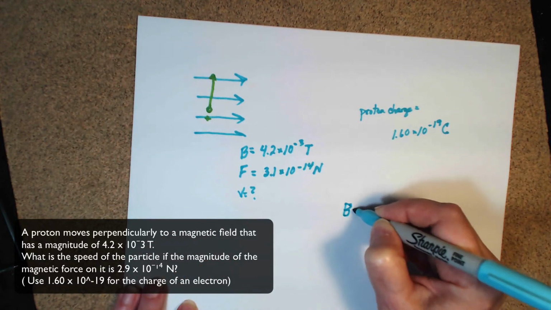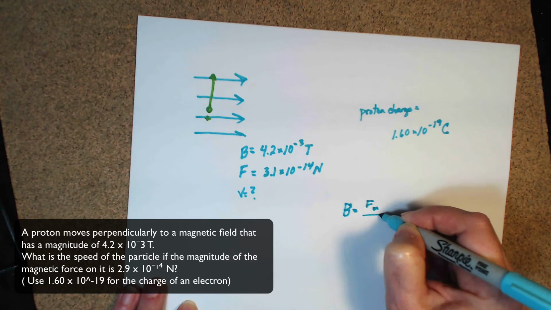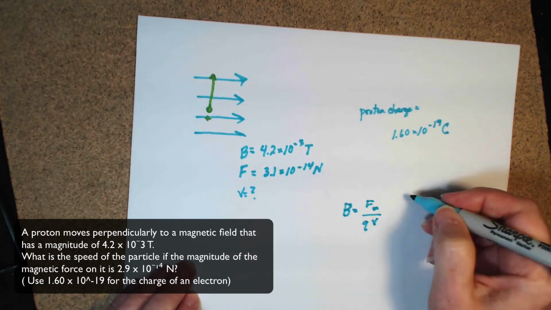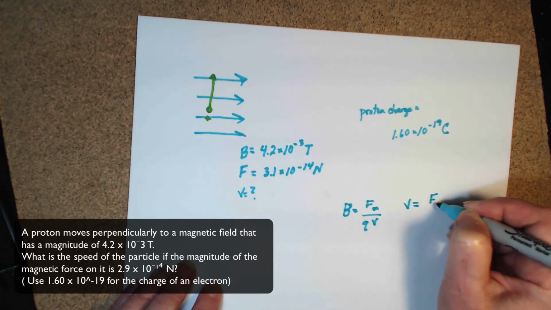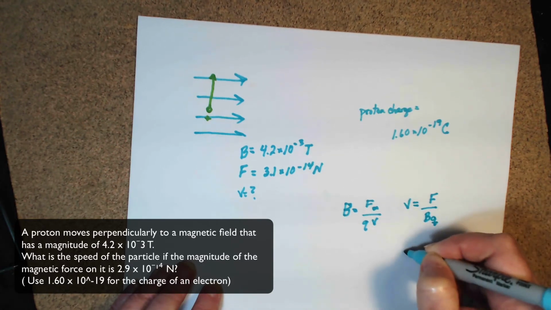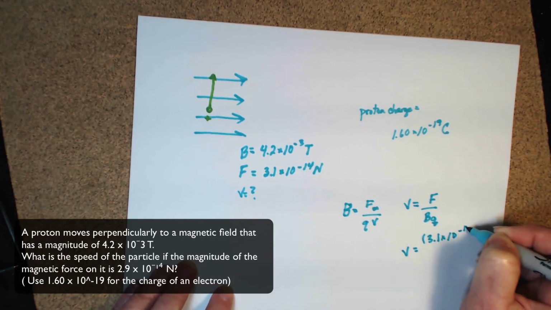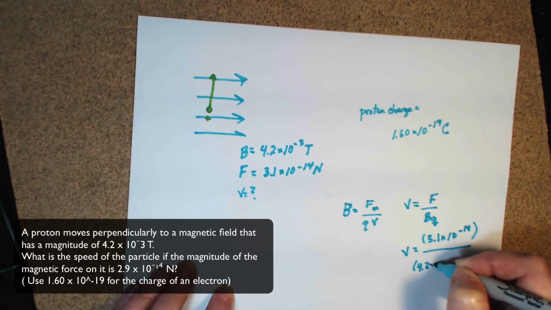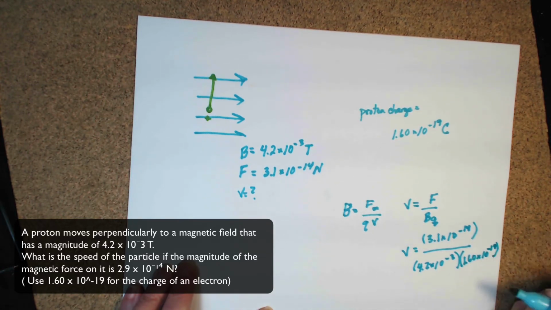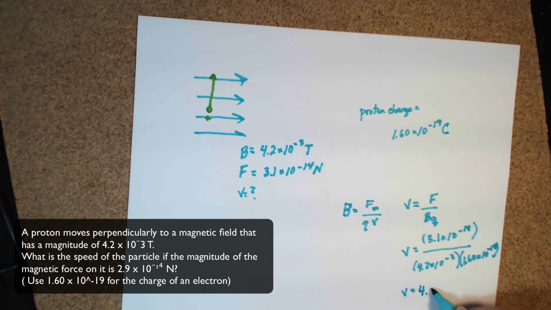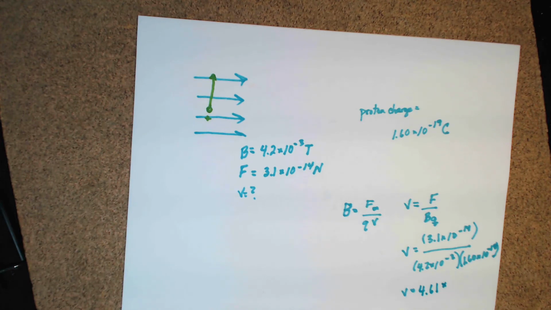Our formula tells us that the magnetic field strength is equal to the magnetic force divided by the charge times the velocity. Rearranging, we get velocity is equal to force divided by field times charge. Substitute your numbers and solve. And we find that the velocity of our proton is 4.61 times 10 to the 7th meters per second.